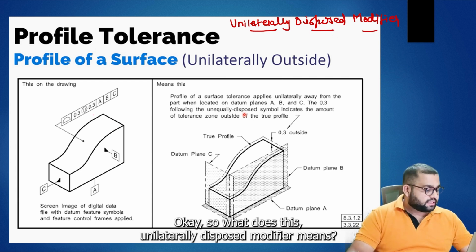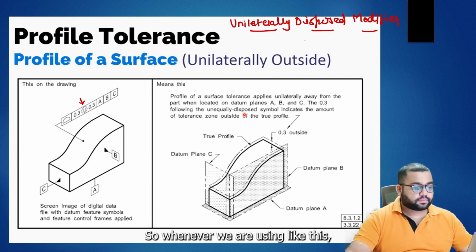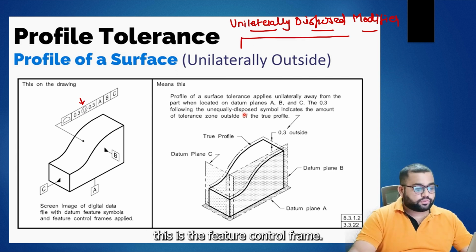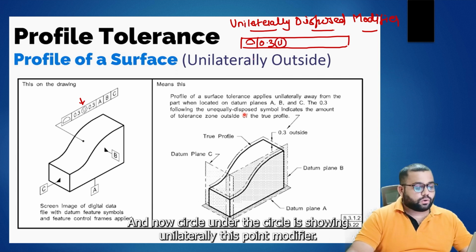What does this unilaterally disposed modifier mean? This is the U symbol inside the feature control frame. In this feature control frame, first we have defined the profile of a surface. Then we have defined the tolerance 0.3. Now we show the symbol U in a circle. The U in the circle is the unilaterally disposed modifier.